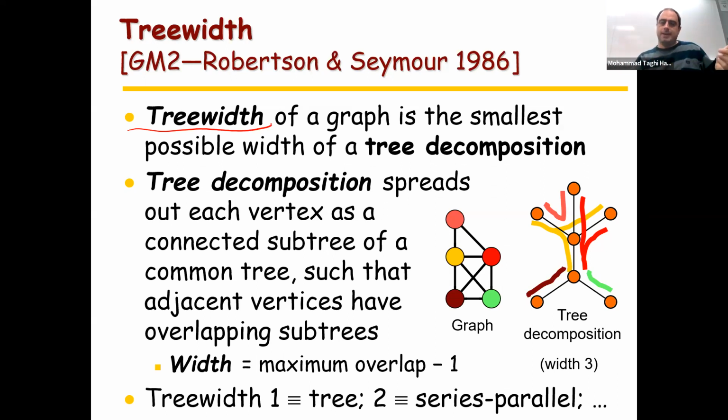So the treewidth of a graph is the smallest possible width of a tree decomposition. You need to consider all possible tree decompositions of a graph, and the smallest possible width of any tree decomposition would be the treewidth of the graph. What is a tree decomposition?